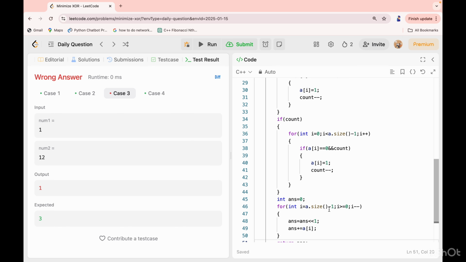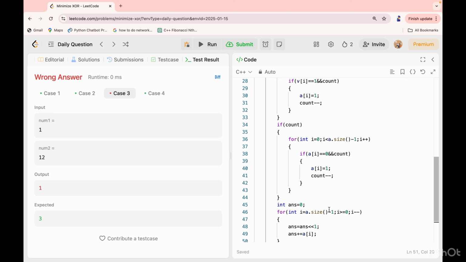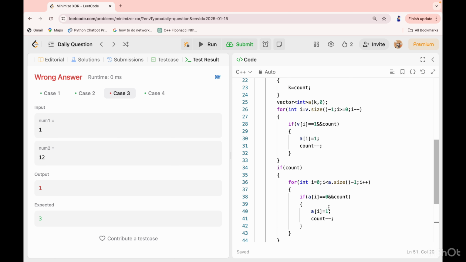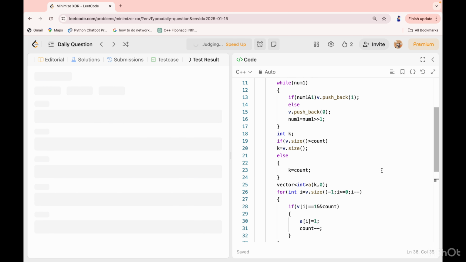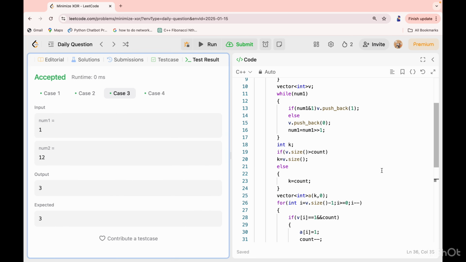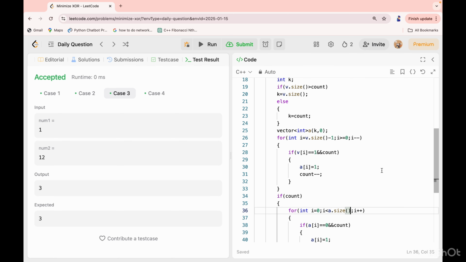I hope I haven't done any error. One minute. I think I've just done this. First of all, let me check. Okay, I have put this -1 here, so I don't need this. Now let's submit it.